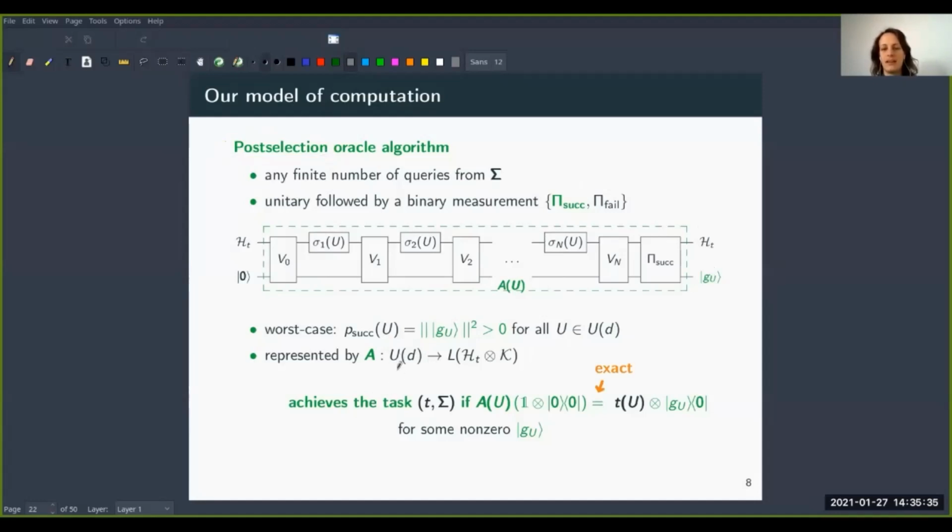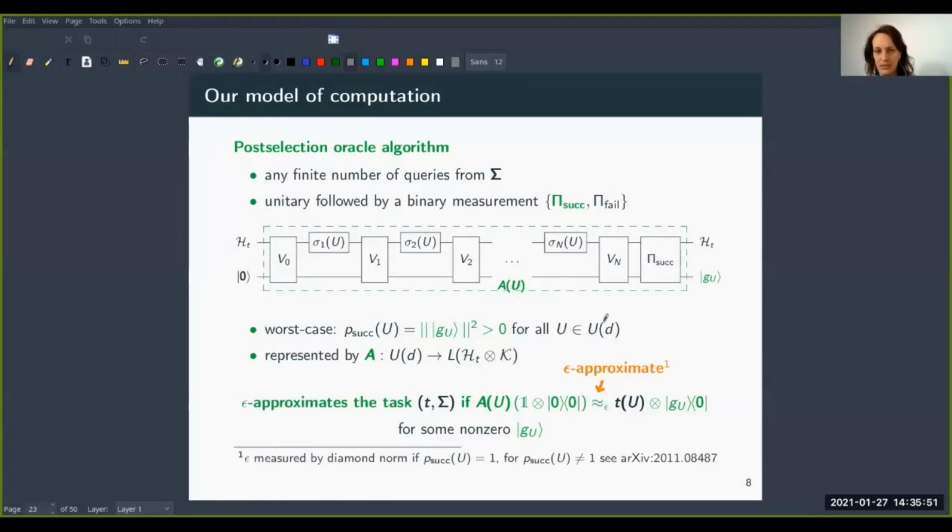And we say that an algorithm achieves a task if, when the ancilla is initialized properly, it implements the task operator on the task Hilbert space. And we also allow for approximate implementation. So we defined a very strong model, which also allows for post-selection and is happy with only approximate implementation. This will make our impossibility strong.